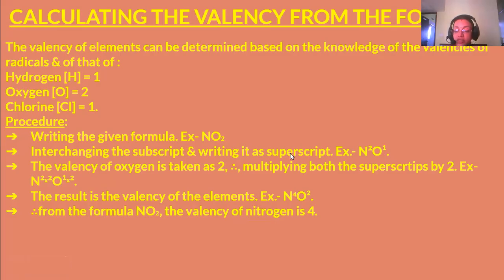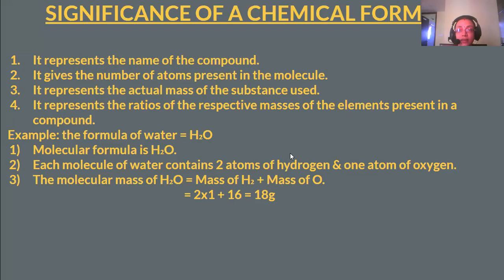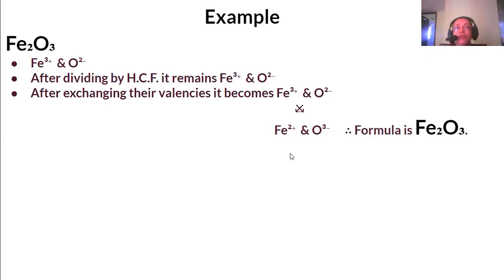When we were forming a formula, see Fe2O3, ferric oxide, iron had valency 3 and oxygen 2. After dividing by the HCF, it remained the same, because 3 and 2 have no common highest factor.